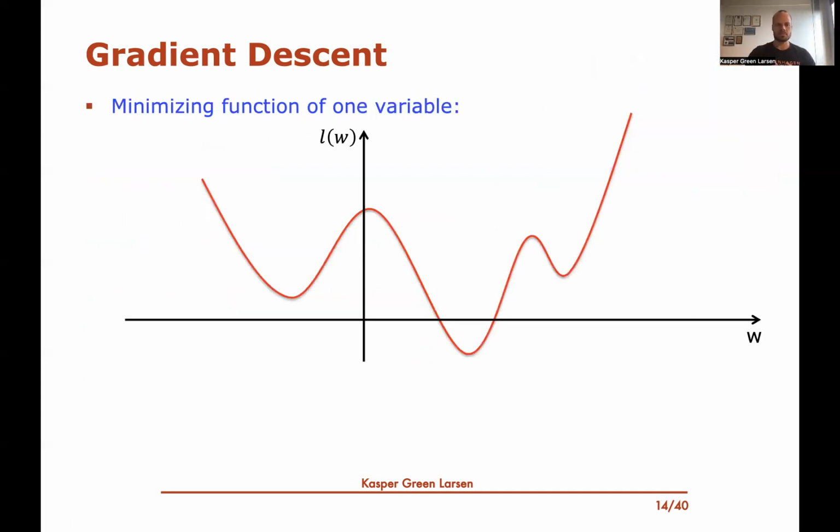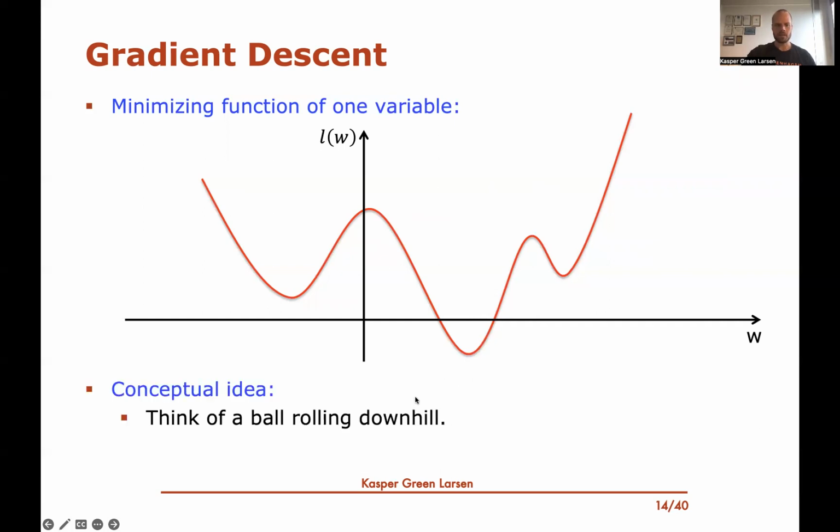As a side step, let's again look at problems of just minimizing a function of a single variable. Out here on the x-axis, you have the value of the variable. On the y-axis, you have the evaluation of the function. Let's say we would like to minimize this function. Intuitively, we'd like to find this minimum here.